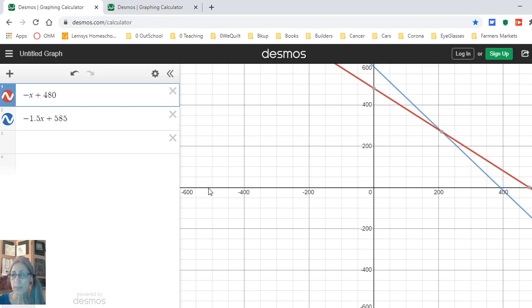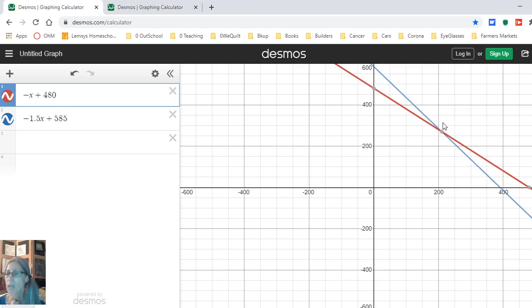So x was representing our cork. So the x-coordinate here is representing the amount of cork fabric that was sold, and the y-coordinate, the 270, is representing the marine vinyl that was sold. And this little point right here is the only point that is really true. I mean, this is what really happened.